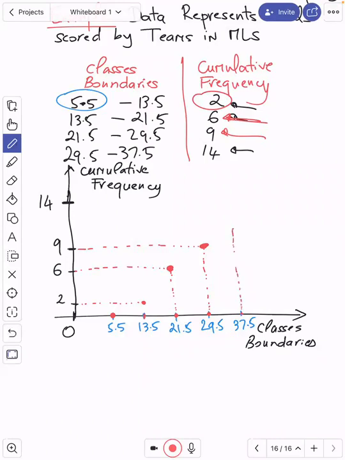So we need to go up to 14 right here. The height of this point is actually 14, because that's the cumulative frequency of the fourth class. Now, all you have to do, guys, is connect these points. As I said, you always start at the lower class boundary of the first class, 5.5 right here, and then you connect these points.